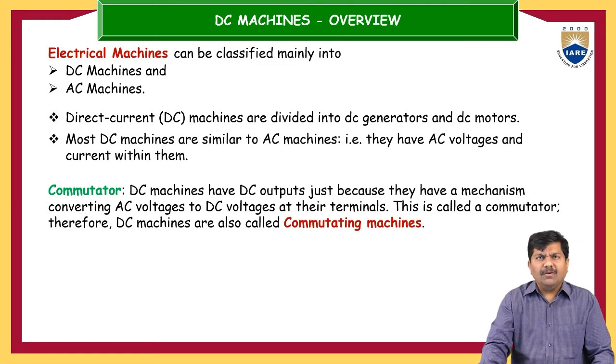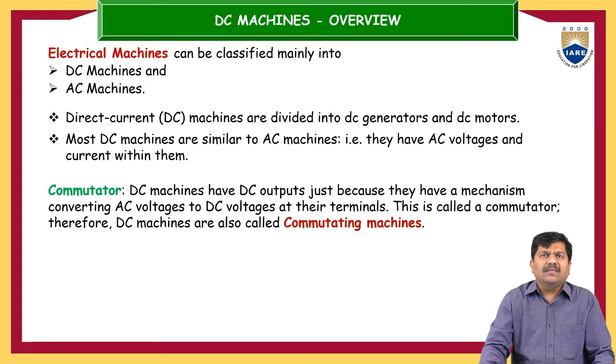Based on what type of supply you give to run a particular machine, or what type of supply you expect from it, based on the nature of the electrical energy, electrical machines have been classified into two. The first one is AC machines and the second one is DC machines.